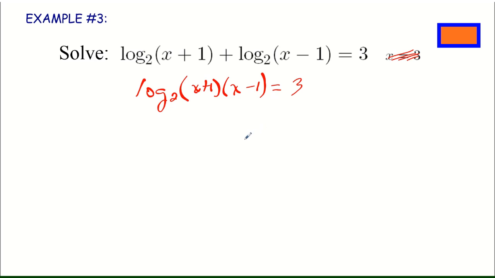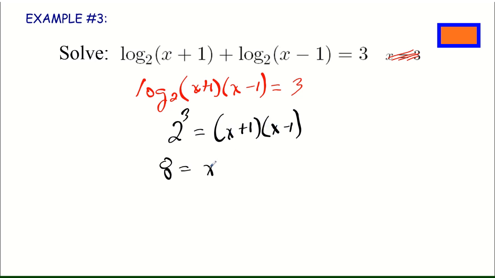At this point, we switch out of logarithmic notation and we switch to exponential. This base raised to this exponent has to equal this argument. Switch colors here so you can see it. So 2 to the exponent 3 would have to equal the product of these two. So now we're down to just solving a regular old, it's going to probably turn out to be quadratic. 2 cubed is 8.